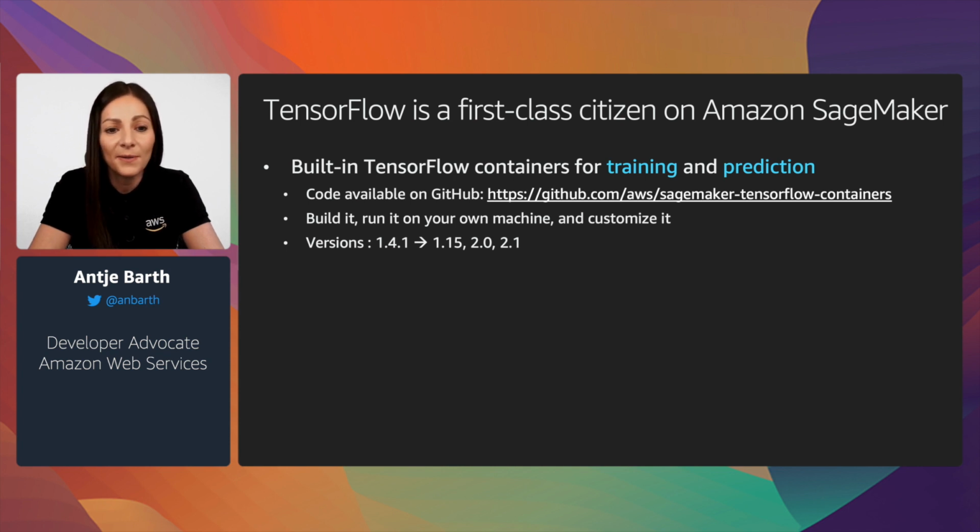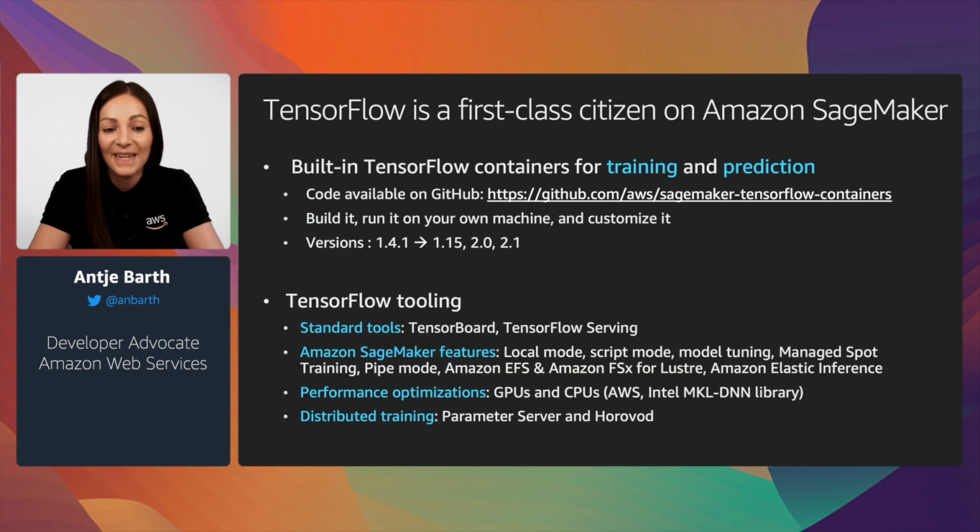So you can pull the code, build the container, run it on your machine, and customize it in any way you want. We're also supporting a broad range of TensorFlow versions. In addition, you can leverage all of the TensorFlow tooling. You can pull in TensorBoard, you can leverage TensorFlow Serving, or you can leverage any of the SageMaker built-in features. You can also choose between running TensorFlow on GPU or CPU architectures, and obviously also do distributed training.